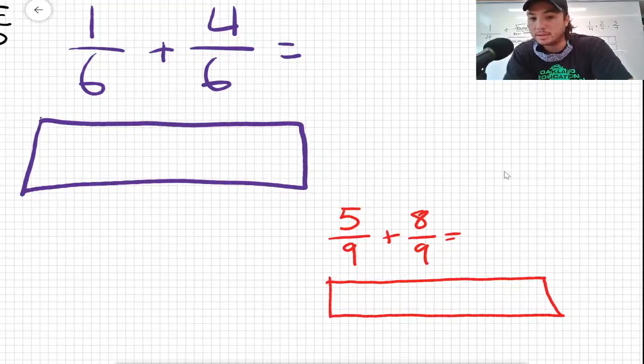How many equal pieces? And then we'll add our numerators together. Go ahead and I'll give you a little bit of time to copy these 2 down in your math notebook. I'm not going to give you the answers for these just yet. Go ahead and copy them down and give them a try on your own.